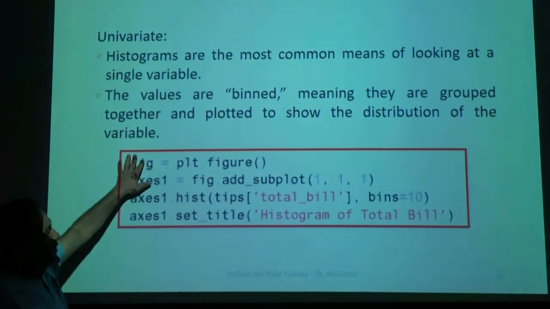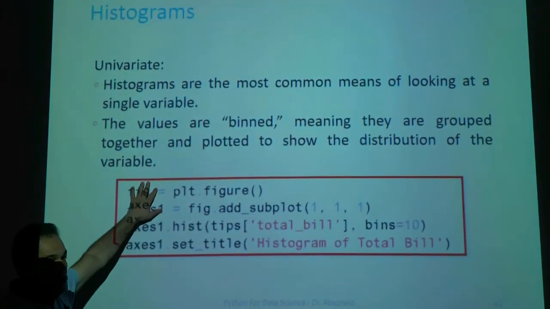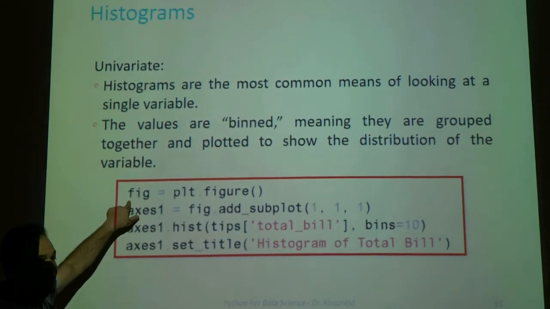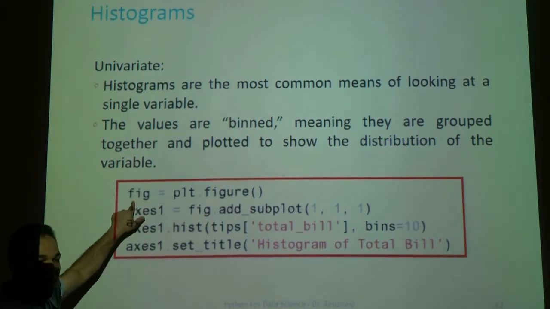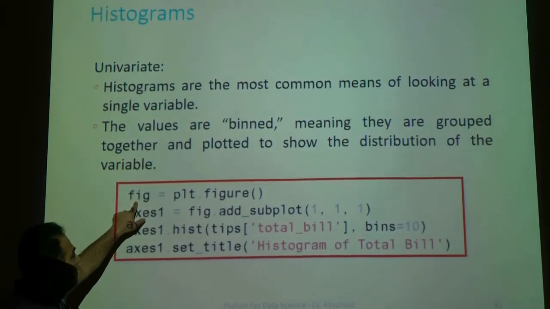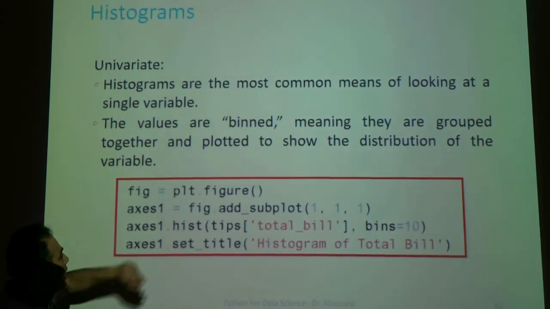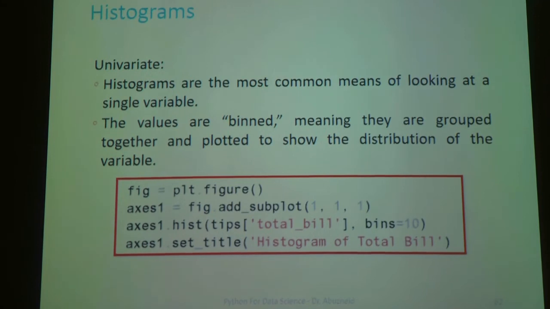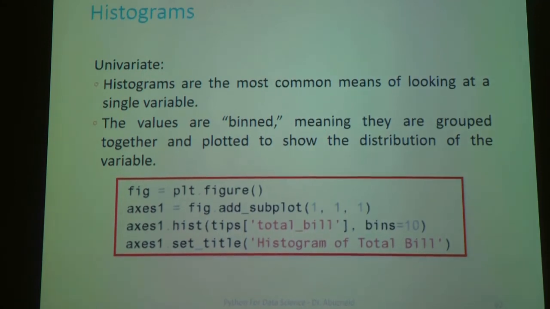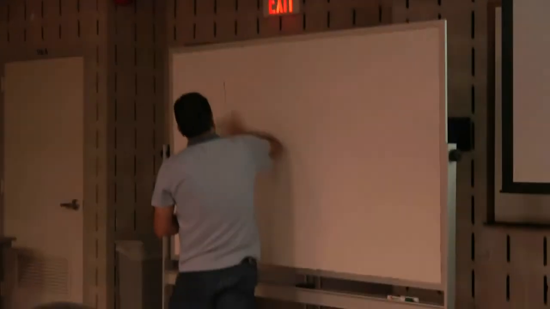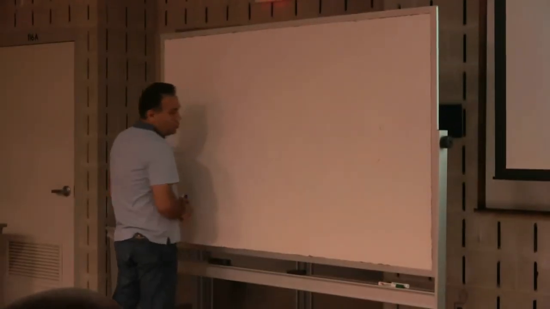So, for example, in here, the first thing you have to do is create a figure. So plt.figure, and I save it in a variable. FIG is a figure. Inside the figure, I could have axes. You need to make sure that you see the difference between two very confusing words.